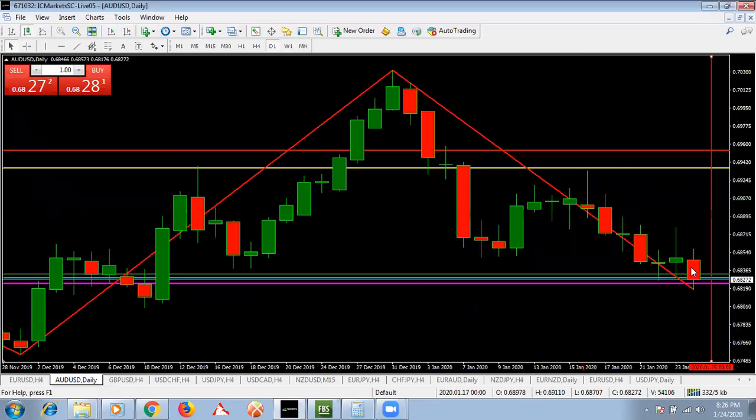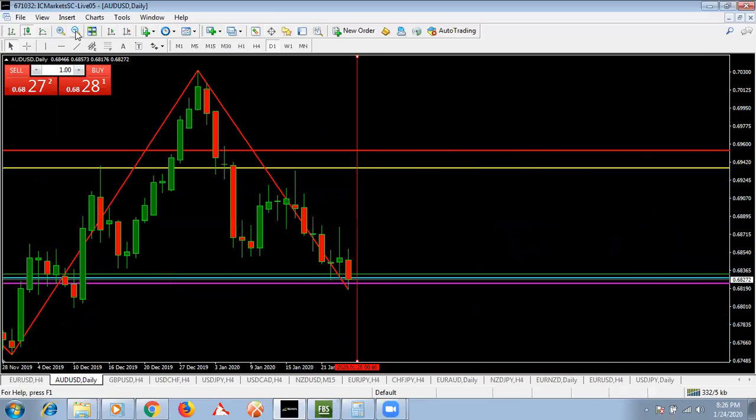So on the daily, we have this bearish candlestick. If you want to buy this pair, then what you should consider is the PV values on the daily and 4-hour time frames. We have the PV value for the daily time frame, and the PV value for the 4-hour time frame.